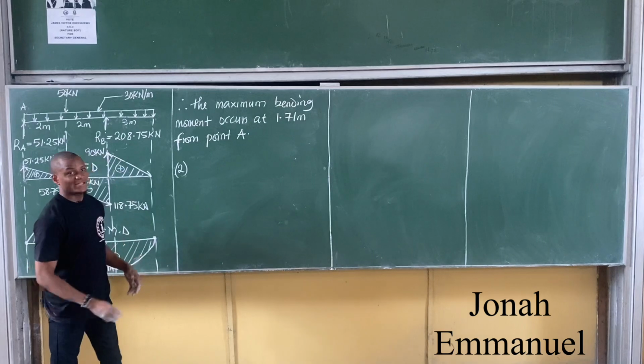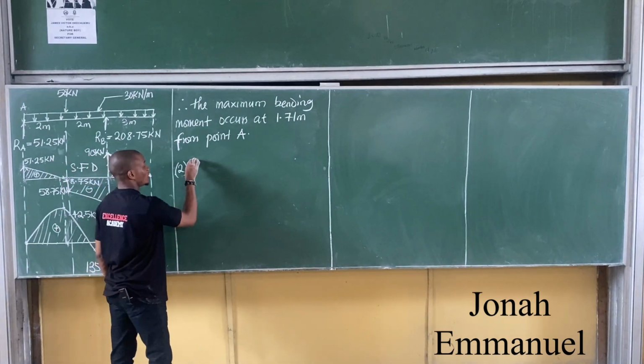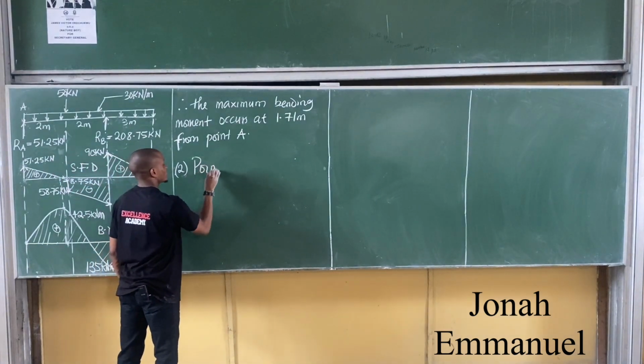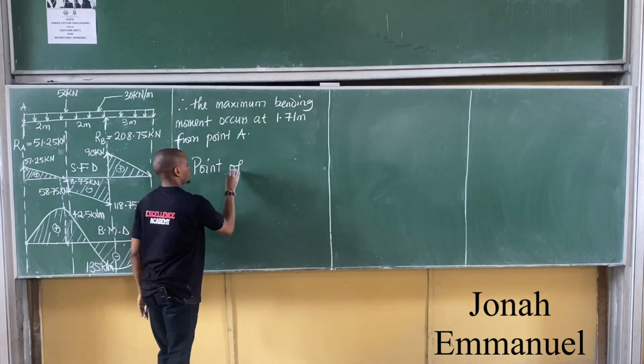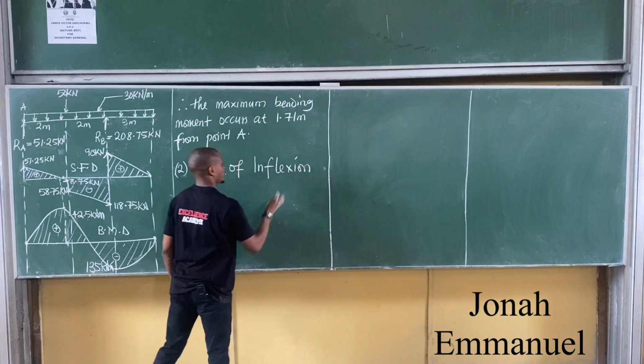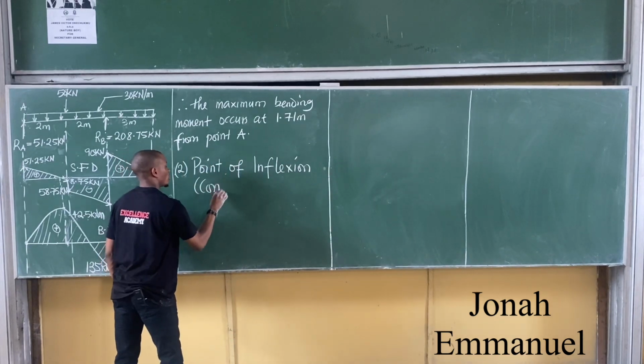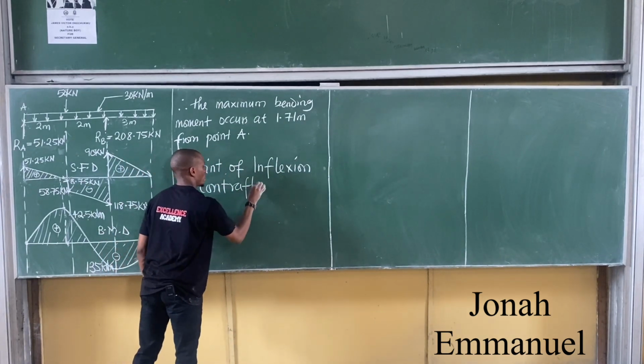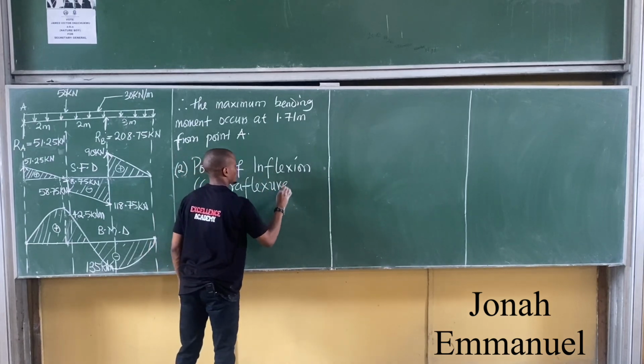So critical point number 2, we said, is called the point of inflection or contraflexion.